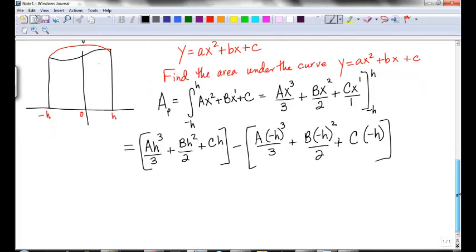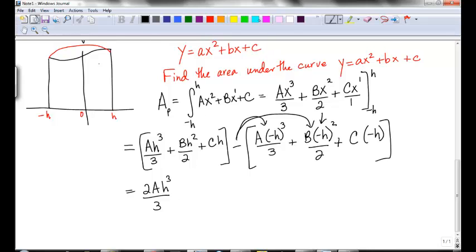Now we have to simplify that. A negative h cubed would be negative, and if you distribute this negative sign, negative times a negative is positive. So we have 1 Ah cubed over 3 plus 1 Ah cubed over 3 giving us 2Ah cubed over 3, if we combine those like terms. Negative h squared would be positive, and then when I distribute this negative sign, that changes it back to a negative.